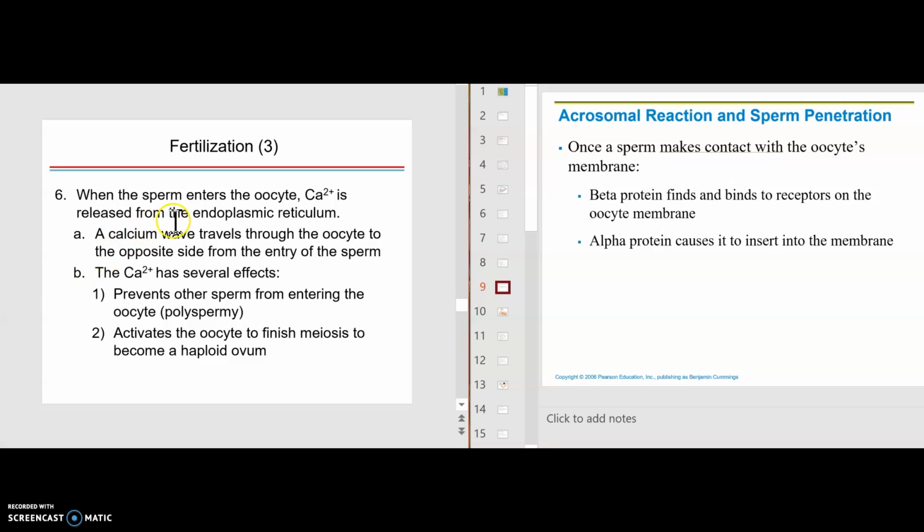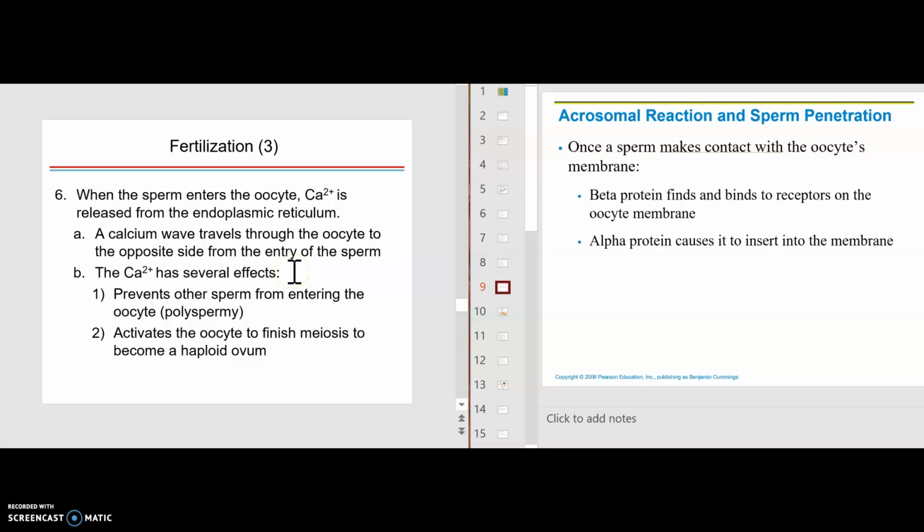So then when the sperm enters the oocyte, so now we're saying that it's entered the oocyte, calcium is released from the endoplasmic reticulum. This calcium wave travels through the oocyte to the opposite side of the entrance of the sperm. The calcium has several effects.